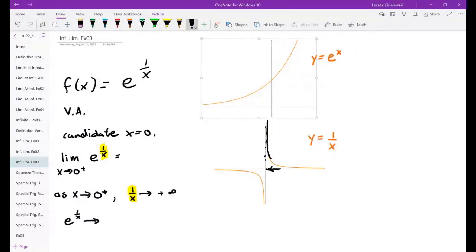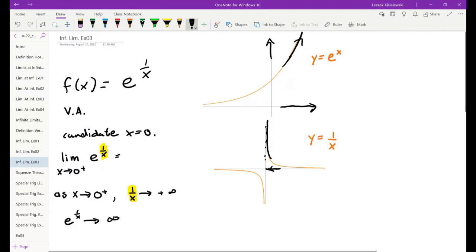So we see that as the argument of our exponential function goes off to infinity, the function blows up. So we say that our exponential function goes to infinity. So that indeed is an infinite limit, from the right here. So we see that x equals 0 is a vertical asymptote.